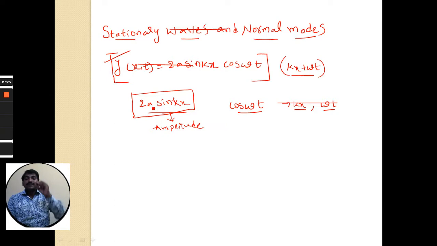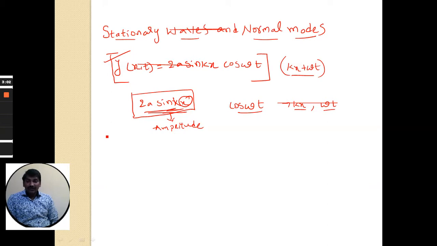Maximum displacement of the waveform, or maximum displacement of the oscillating particle from mean position to extreme position on either side, is called amplitude. So in this equation the 2a sin kx term is taken as the amplitude term. Here we have a term x. x describes the position of the particle. If the position of the particle changes, then the amplitude changes.